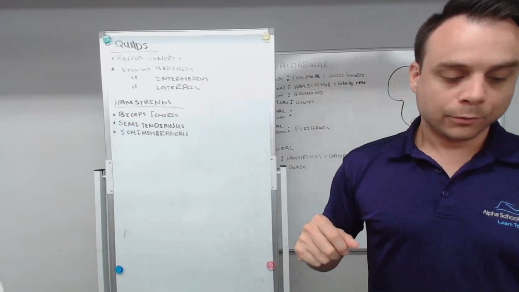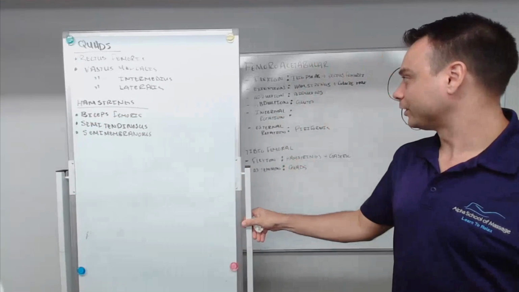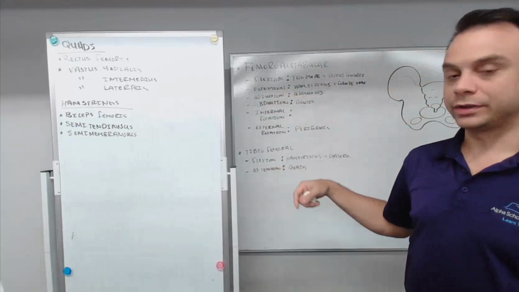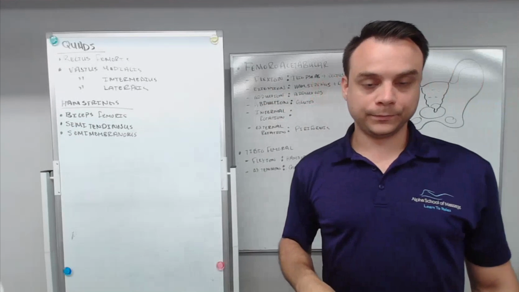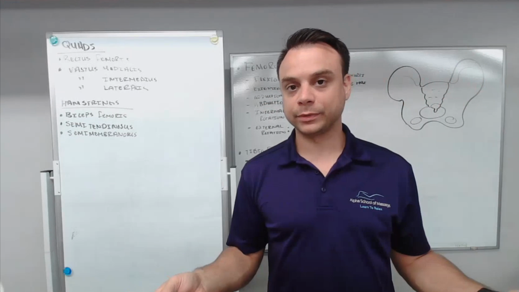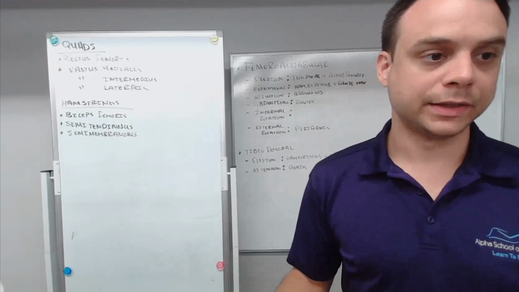So what are these muscles responsible for? Well, as we saw in this list, they're responsible for extension of the hip and flexion of the knee. So what are our very simple actions? Let's take a look at some of their attachment sites.